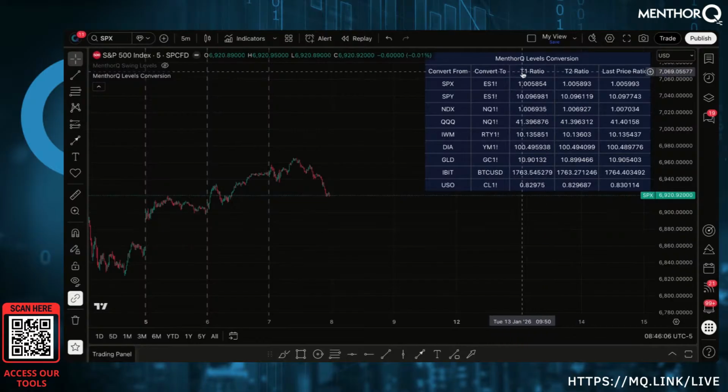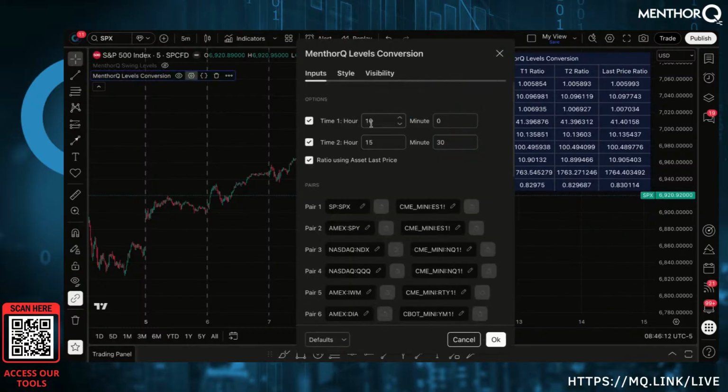T1 stands for time 1, time 2, or last price. Time 1 is taking the ratio at 10 a.m. Eastern time. Time 2 is taking the ratios at 3:30. So if you, for example, trade pre-market and you don't have the 10 a.m. data yet, you can use the previous day's 3:30, or you can use the last price.